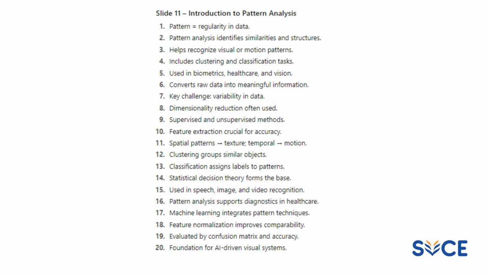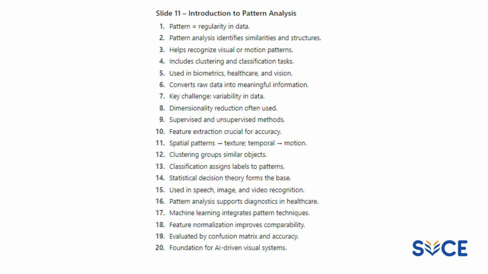Next, pattern analysis identifies similarities and structures. We have also discussed how it helps to recognize visual or motion patterns, which includes clustering and classification tasks. It is used in biometrics, ICAs, and computer vision, which converts raw data into meaningful information. The key challenges here are the variability in the data, and dimensionality reduction is often used.